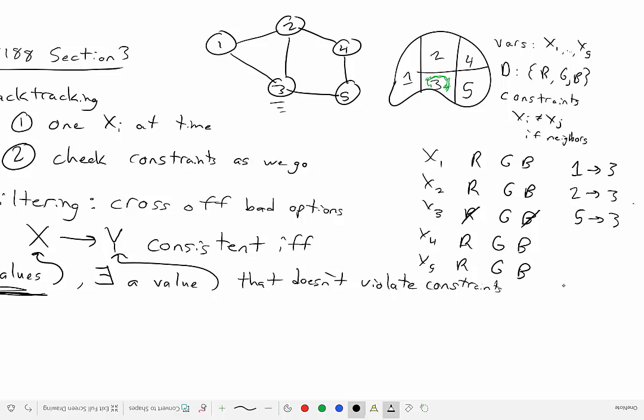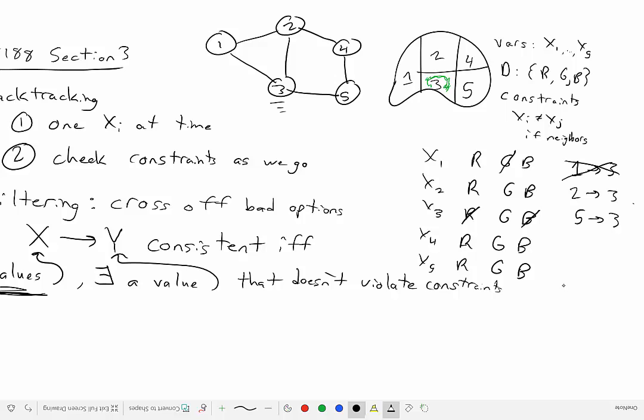Now for green, is there a valid value for x3? The only value you can take is green, and green can't be next to green. So that's not okay. To enforce arc consistency, I need to cross that off. Now continuing to blue, this will be just like red, and it'll also be valid. So now I've enforced arc consistency for 1 to 3.